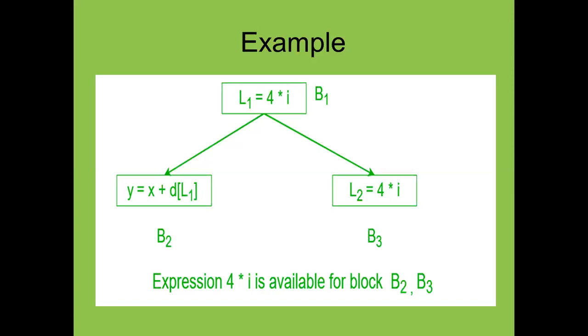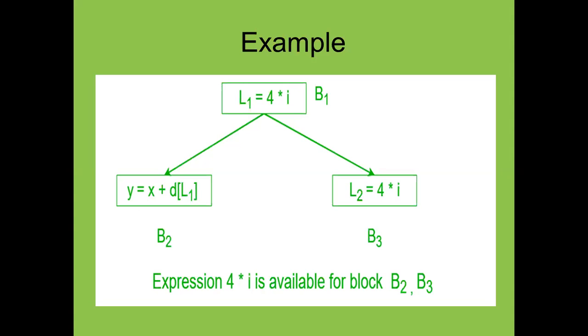Now you can see at position L1 we are assigning the expression 4 star I. Now come to basic block B2. In basic block B2, you can see y is equal to x plus dl1.